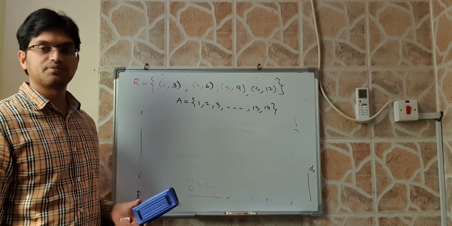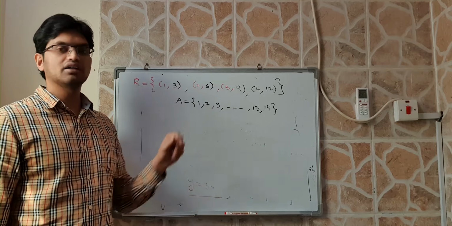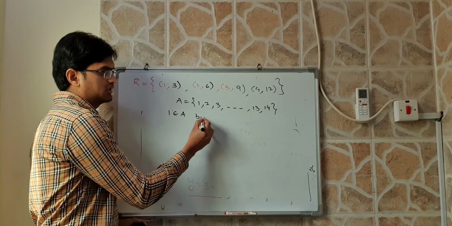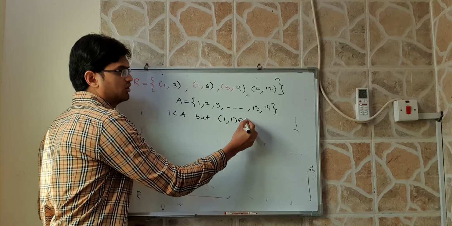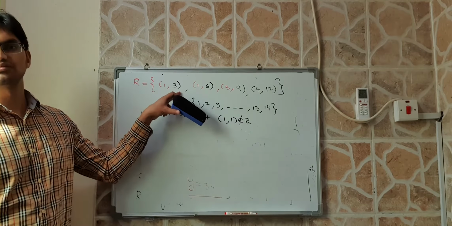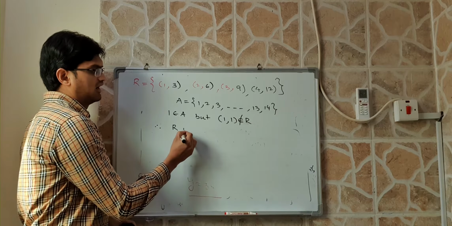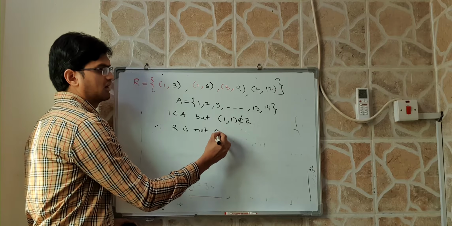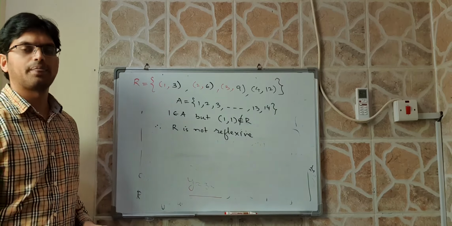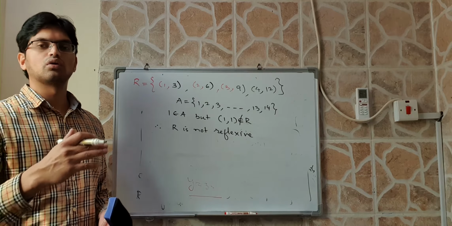For every a, (a, a) should be there in R. Take 1 belonging to A, but (1, 1) does not belong to R. Is (1, 1) there here? No. Therefore, R is not reflexive. It is enough if you find one ordered pair which is not there in R. One example is enough to contradict the statement.